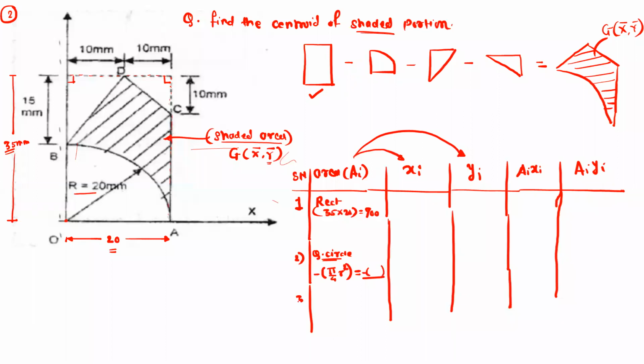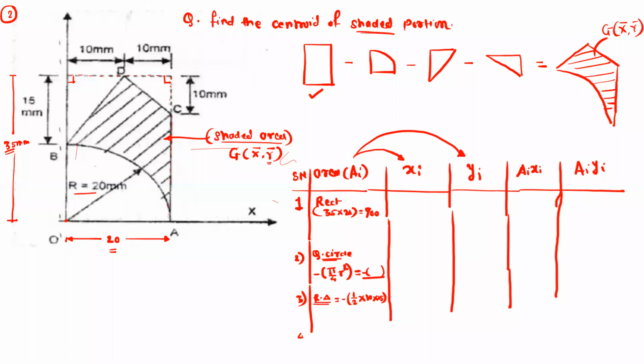Then the third geometry is the right angle triangle having the dimension 15 and 10. For the right angle triangle, the formula will be 1 by 2 base into height. So this is equal to minus 1 by 2, base is 10 mm and height is 15 mm.